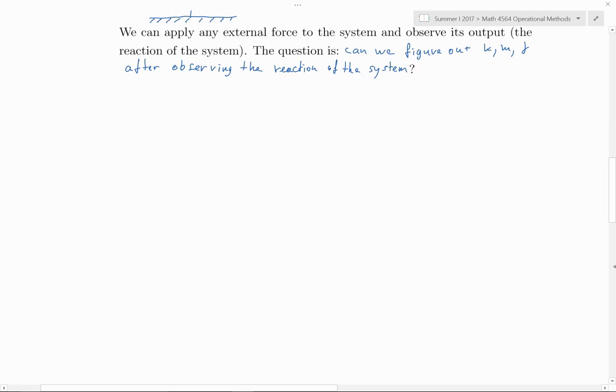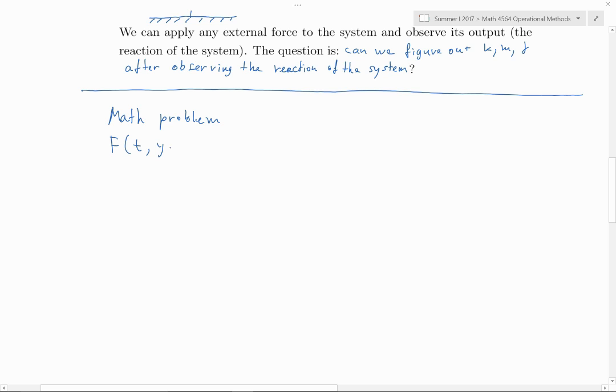So how does the Laplace transform help us to solve this problem in a somewhat easier way? To best explain it, let's look at this graph. We have a math problem and we're trying to figure out a solution to some equation that takes time and the function y, maybe its derivatives, and creates an equation with it.